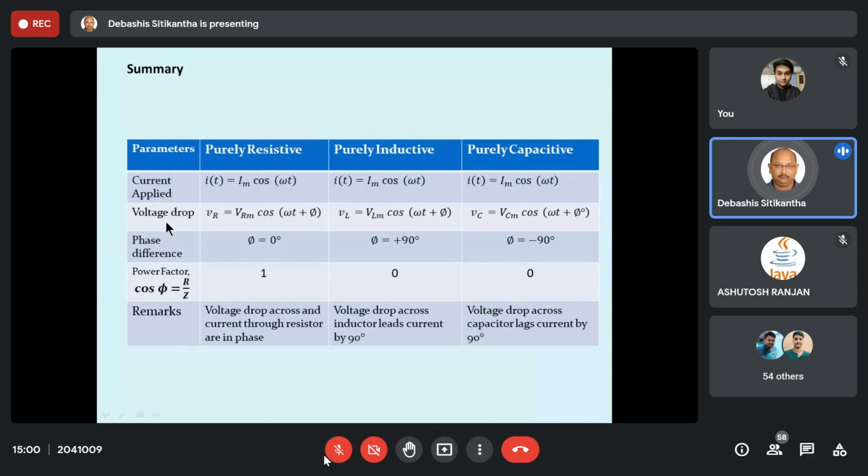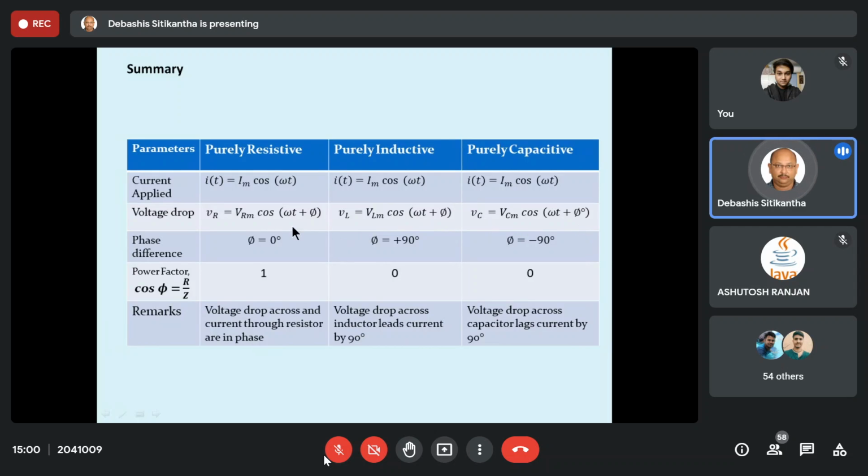Secondly, in the voltage drop, I wrote VR is equal to VRm cos(omega t plus phi). Over here also, in exactly the same form, VL is equal to VLm cos(omega t plus phi), followed by VC equal to VCm cos(omega t plus phi).